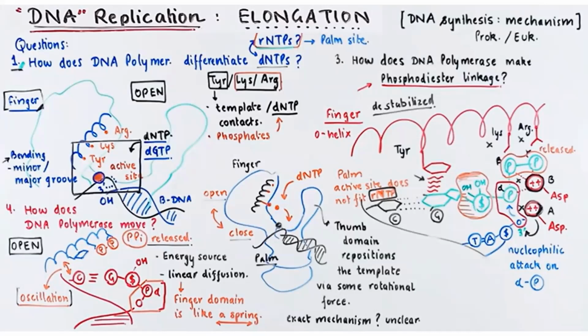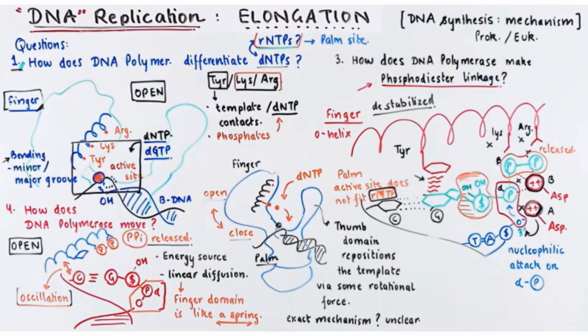Now, one hypothesis about the energy required to move the enzyme is that the pyrophosphate release and the phosphate bond breaking provide the energy for the translocation of the enzyme. Turns out there is another prevailing hypothesis, which involves the concept of linear diffusion, which states that because of this backward movement of the finger domain, the helix or the fingers act like a spring.